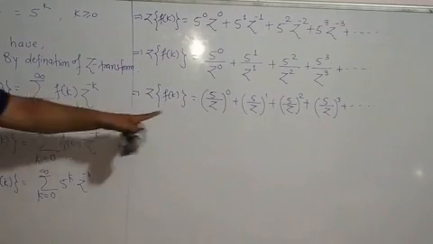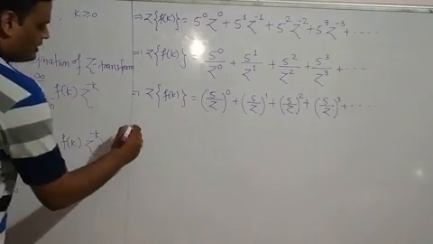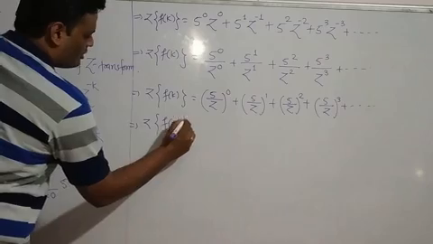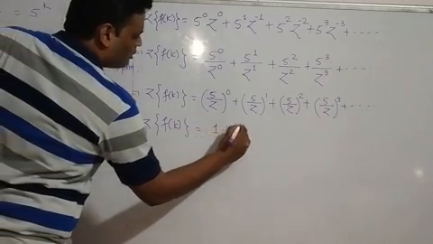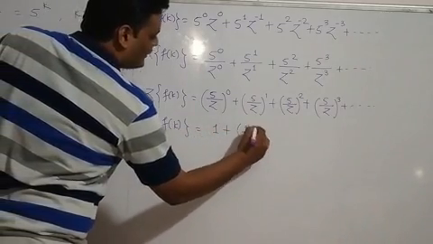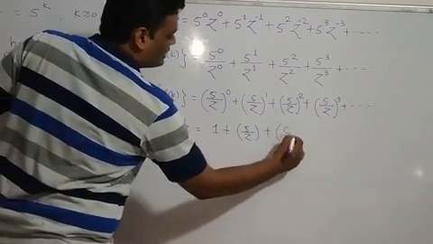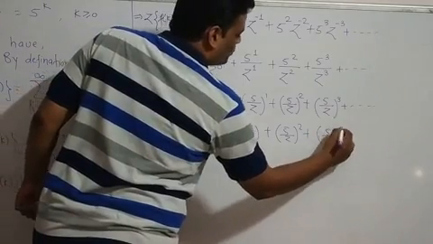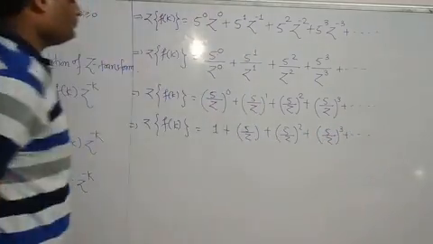Now what is 5 by z raised to 0? Anything raised to 0 is 1. So Z of f of k is equal to 1 plus 5 by z plus 5 by z square plus 5 by z cube, and so on.